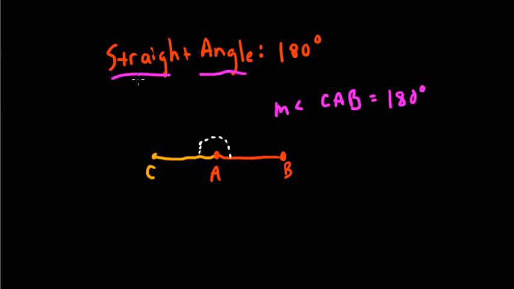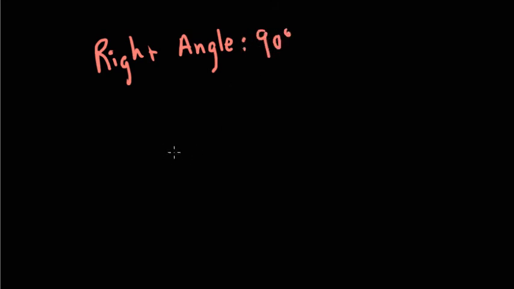And last but not least, we've got the old right angle. A right angle is equal to exactly 90 degrees. So we've got spot A and spot B over here, and we're going to connect those two.